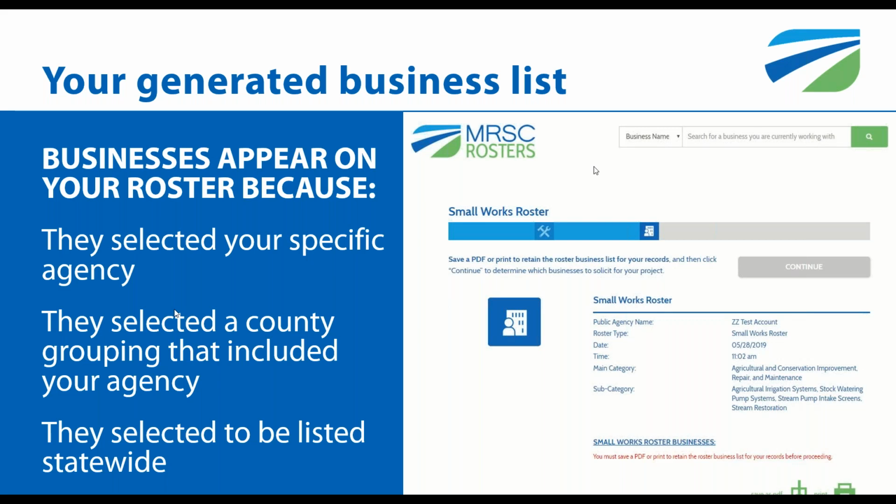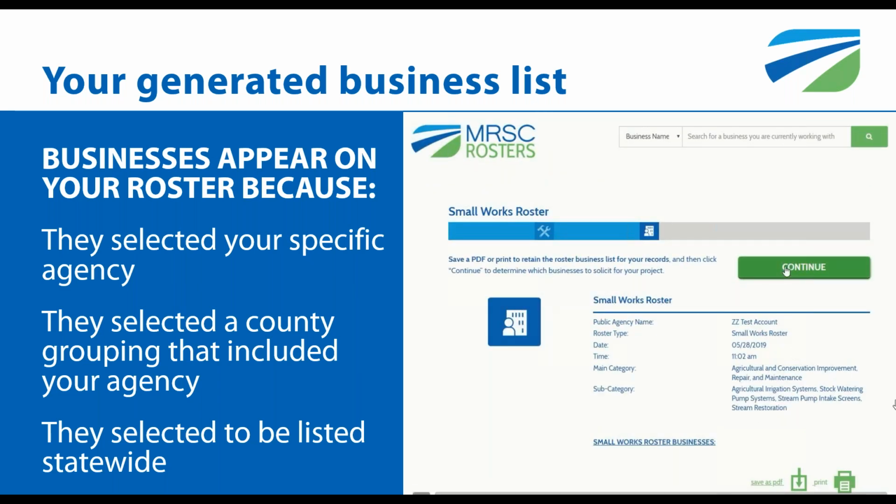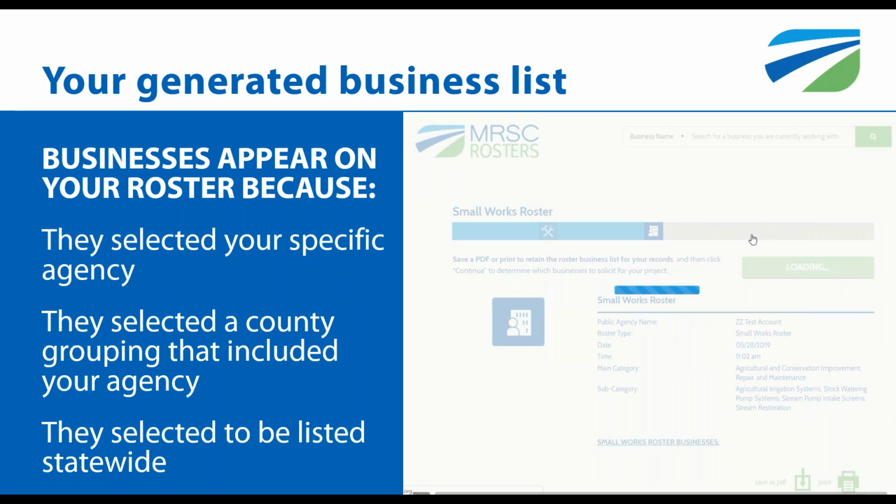And you can click on the linked business names to review their applications, and you can download the SOQ documents as well. Note that to move forward from this page, you do have to click to save or print. That will activate the continue button to move on in the process.